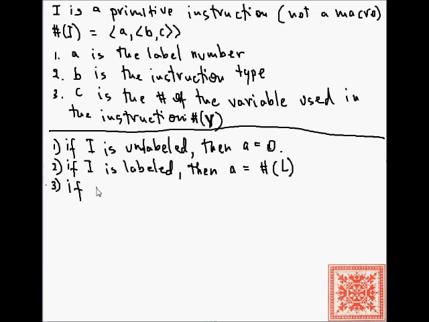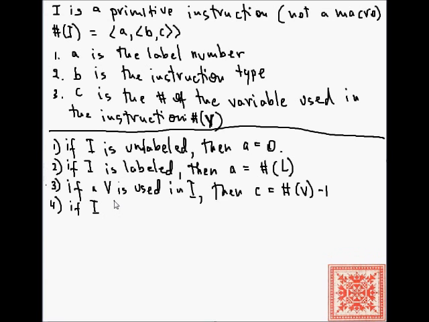I'm using those terms interchangeably. And if V is a variable which is used in I, then C will be equal to the position of the variable in the variable list minus 1. Why minus 1? So that if the variable is y, C is equal to 0, because the position of y is the first in the list, so 1 minus 1 gives us 0.